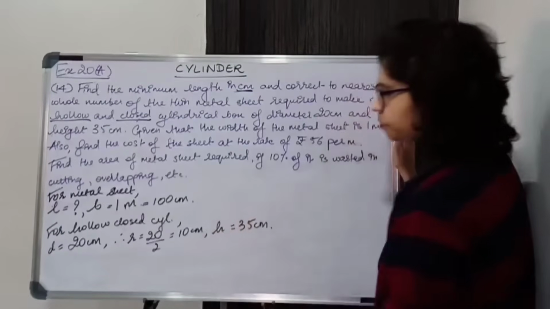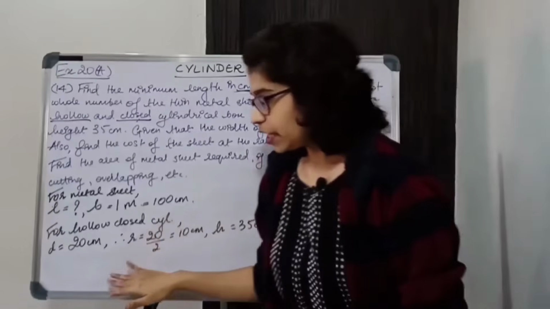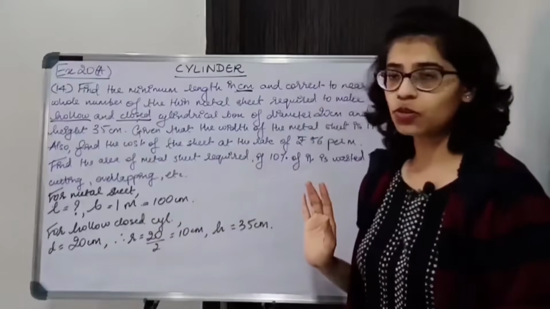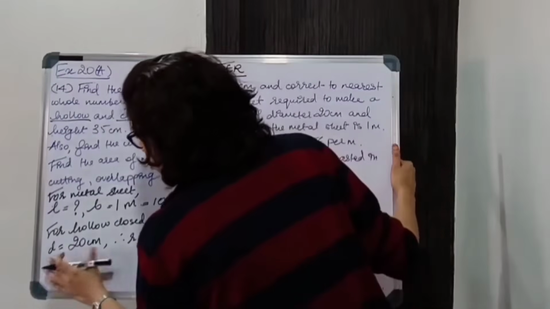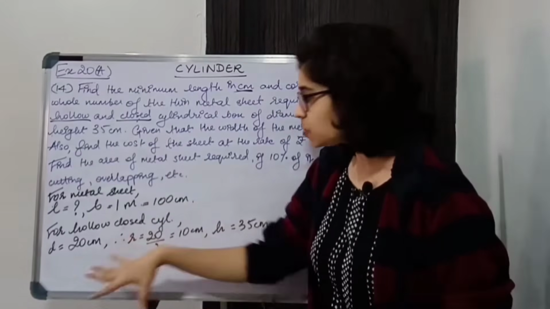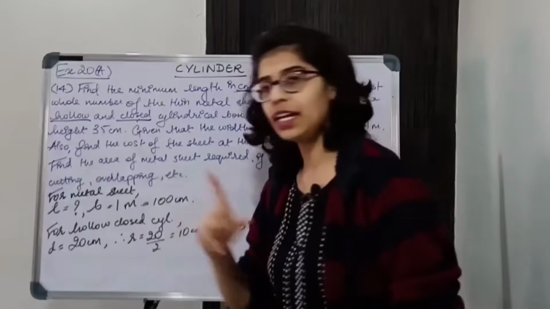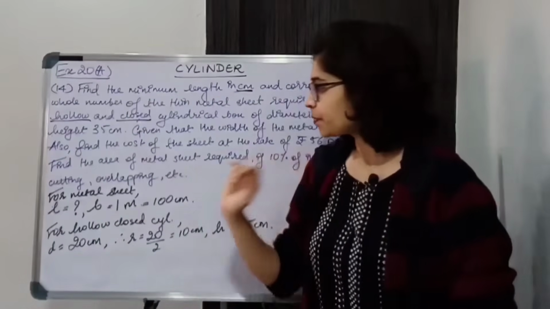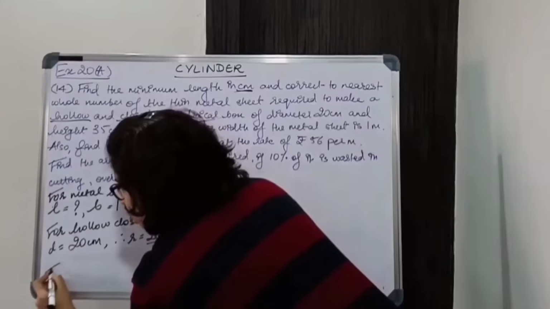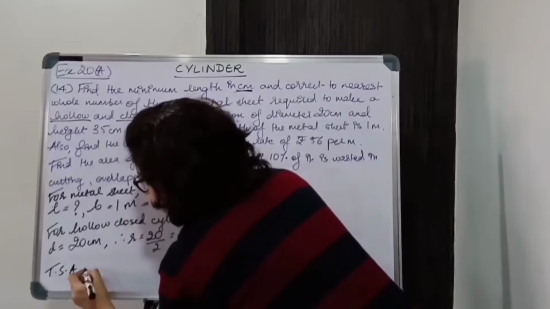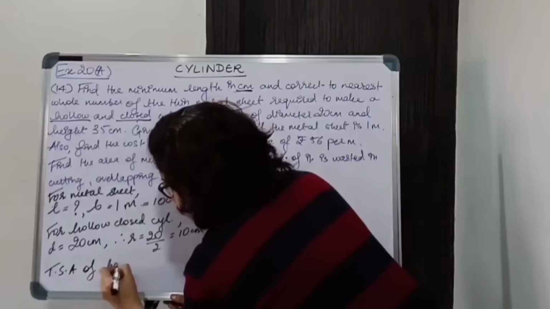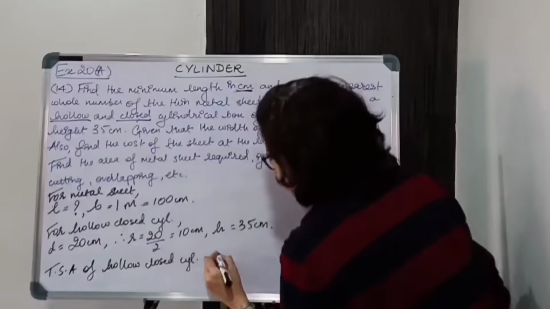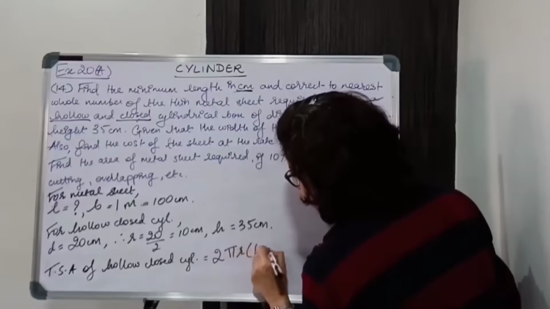Okay, what we have to find is the area, ठीक है, total surface area of this closed cylinder. So this total surface area will be equal to this. Once we get the total surface area, we can easily find the length, ठीक है, because we know area of this thing is equal to area of the metal sheet. So total surface area of hollow closed cylinder will be 2 pi r (h plus r).